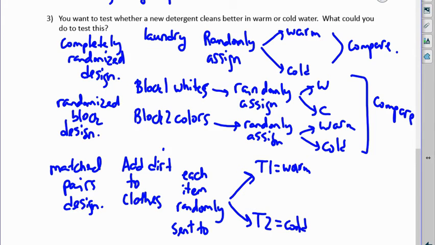Then you would have to add dirt to the items again. And then you would switch to the treatment that they haven't done.